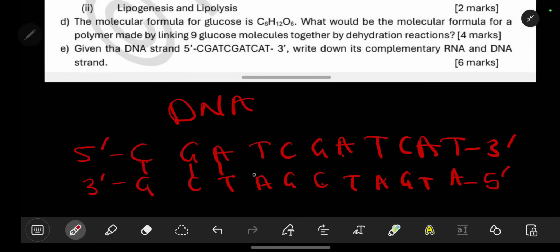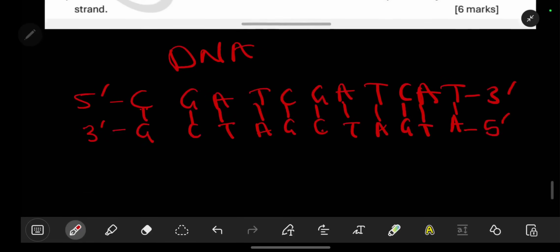Just put these lines to show where they are being bonded. So this is how we draw those structures for DNA.